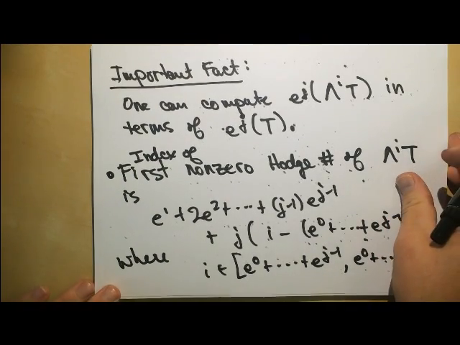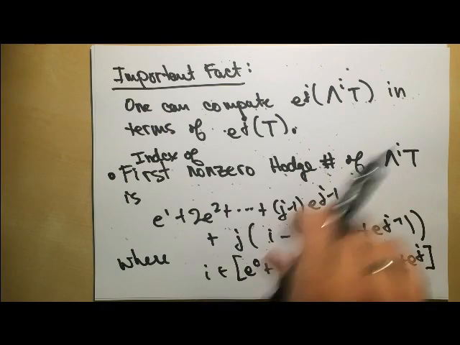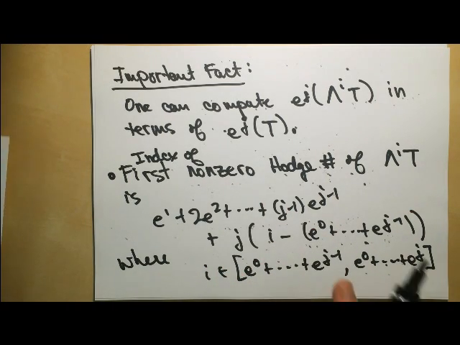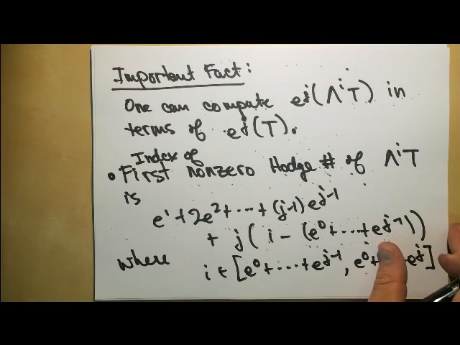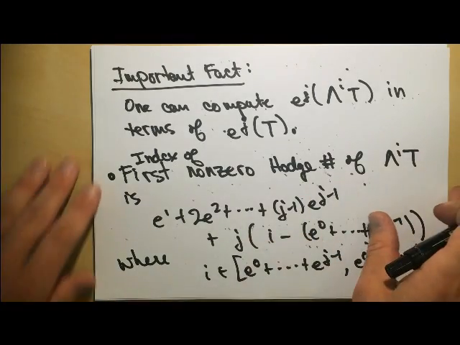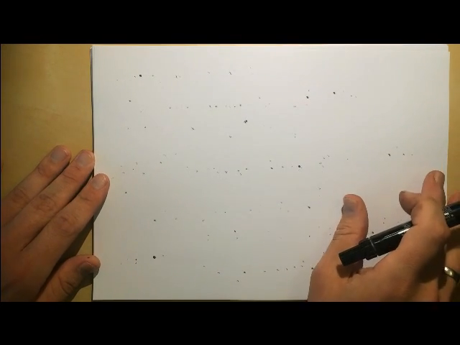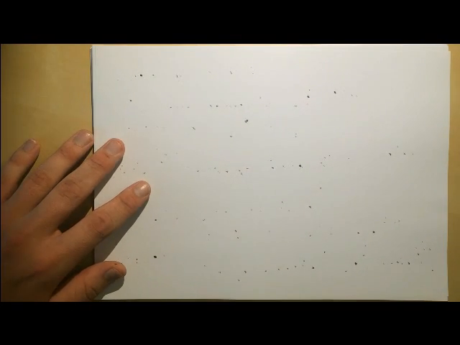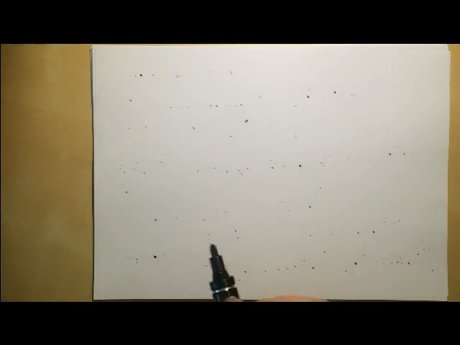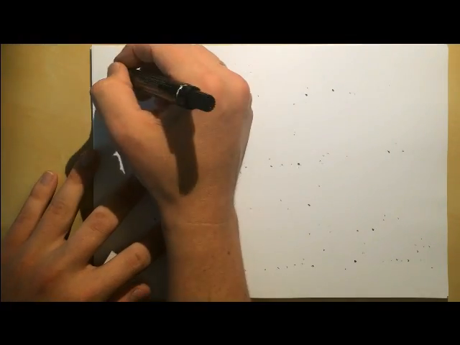Let me explain a little bit more about this, so that we can get some familiarity with these abstract Hodge numbers, and maybe this will become a little more believable. So first, let's recall some facts about wedge products.